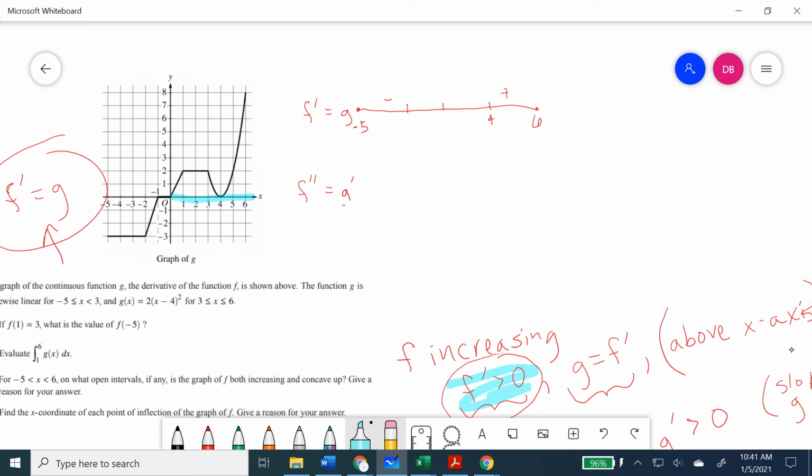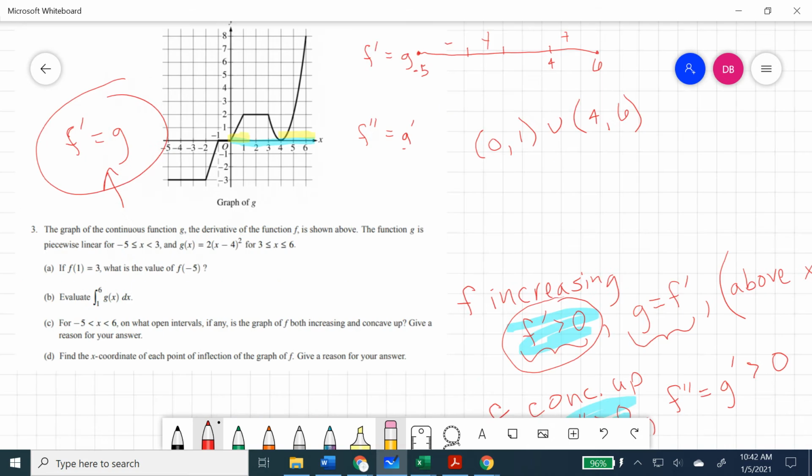So within that interval, having a positive slope would be here, and here. So my answers are the open interval from 0 to 1 and the open interval from 4 to 6. Had I still been able to see the chart that I had charted out, then I would have checked where the positives were. Well, anyway, moving on.